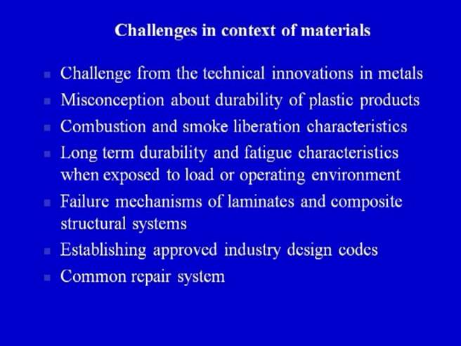So when you are loading the material in one particular direction, what is going to happen in the other directions is not well understood. Yes, the work is progressing in that direction, but still the actual failure mechanisms have to be established for composite materials. Then approved industry design codes and common repair system.